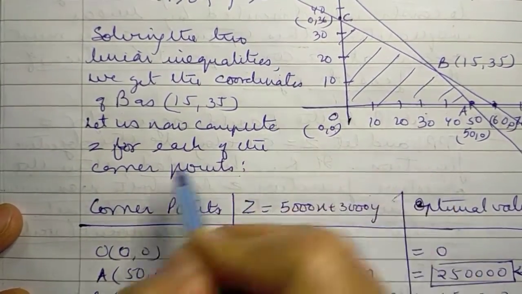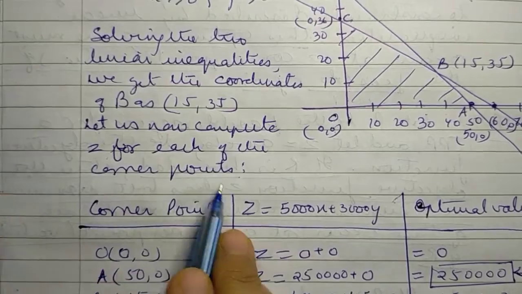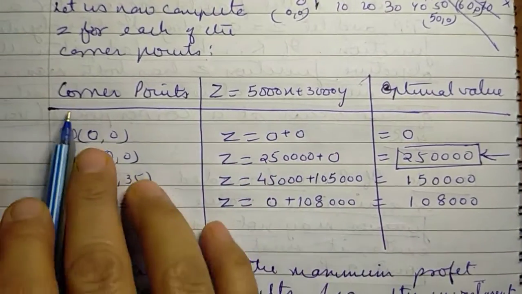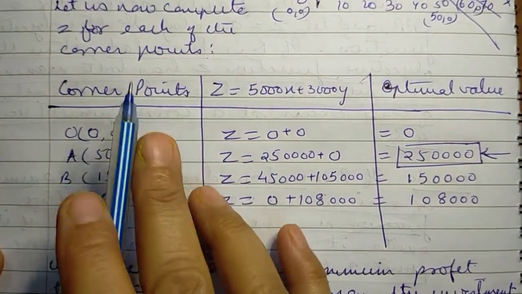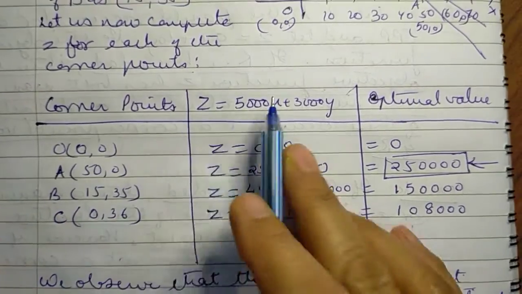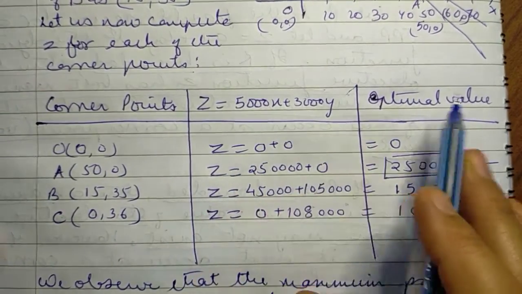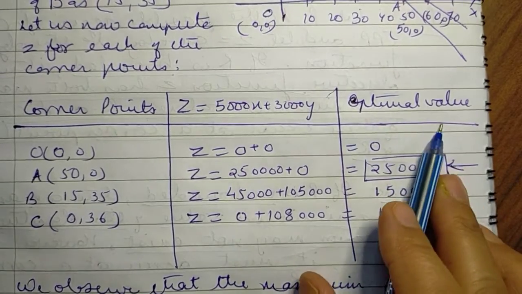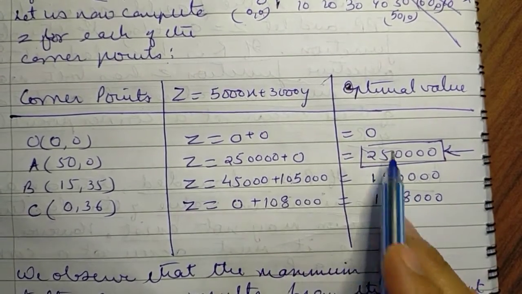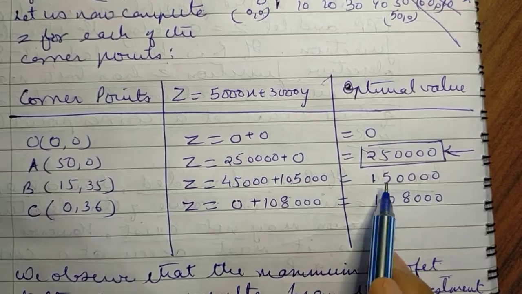Thus let us now compute Z for each of the corner points. So we will make a table. The first column heading would be corner points, then the value of Z, which is 5000x + 3000y, and then the optimal value, whether we are looking for the maximum or the minimum.